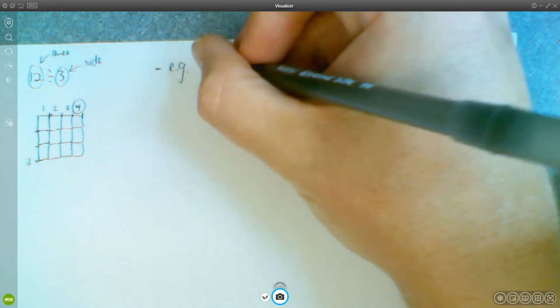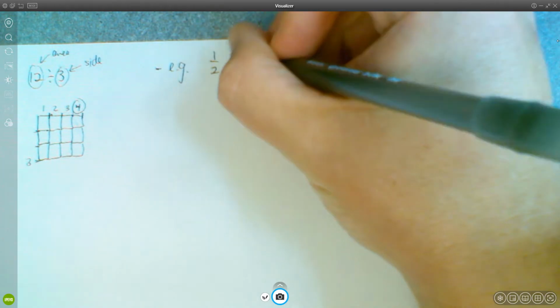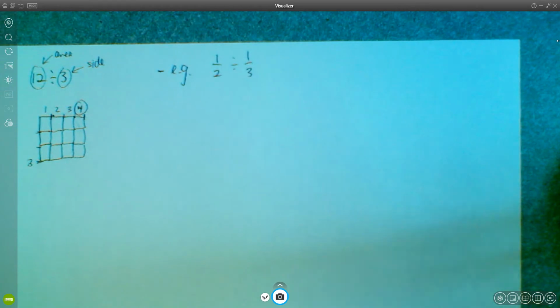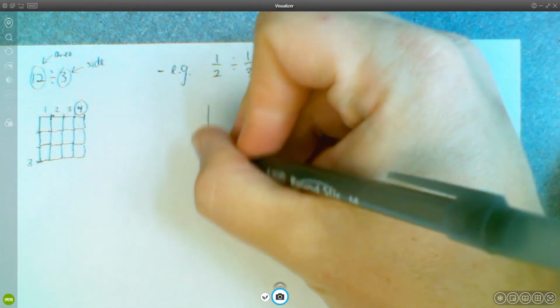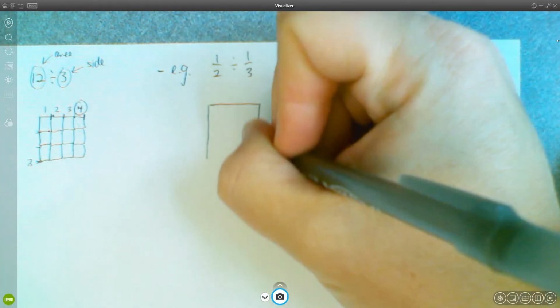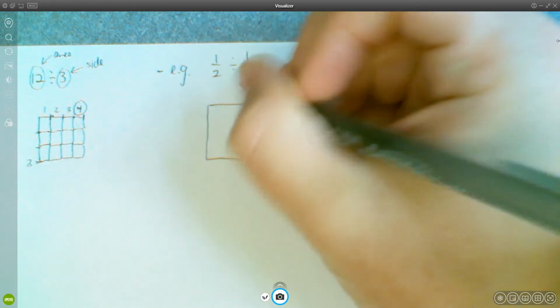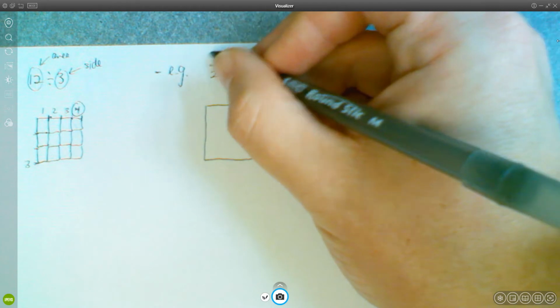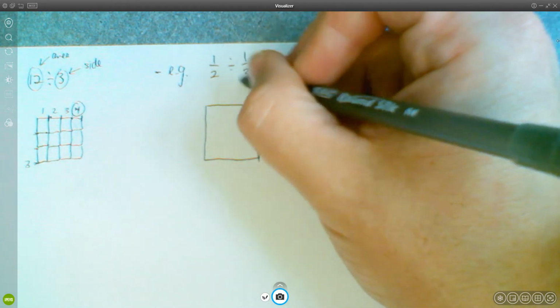So let's do 1/2 divided by 1/3. First of all, we need to hand ourselves a unit. Then 1/2 is the area that we're looking for, and 1/3 is the side.